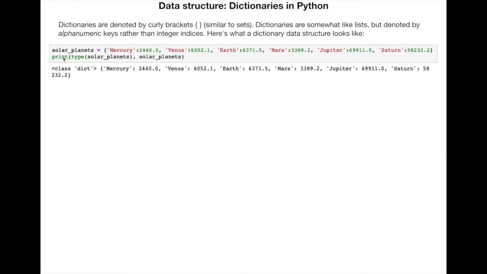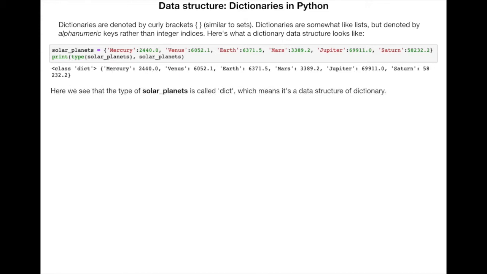If you still remember the print function we used last time, this print function gives me two values. One is the type of this dictionary called Solar Planets, and the second one is what's the value in the dictionary. If you do that, you can see that Python tells you that the type of Solar Planets is dict, which is a shortcut for dictionary, and also shows all the values, including all the planets and their radii.